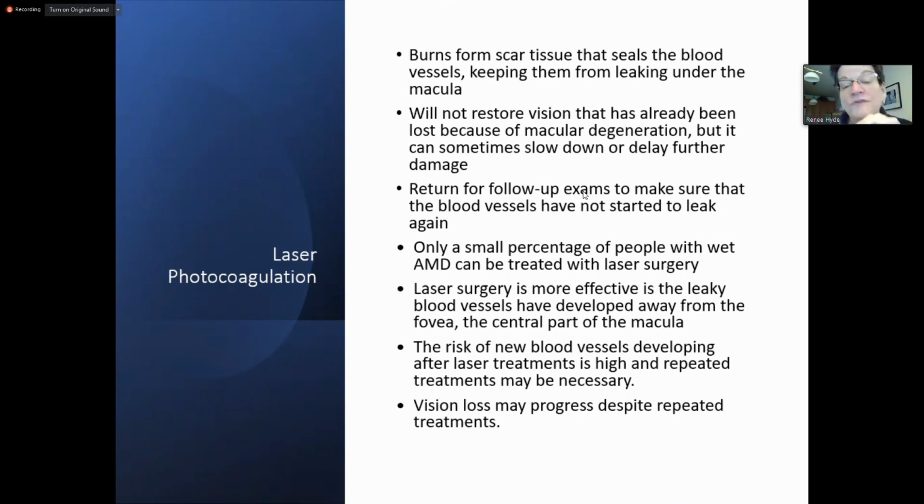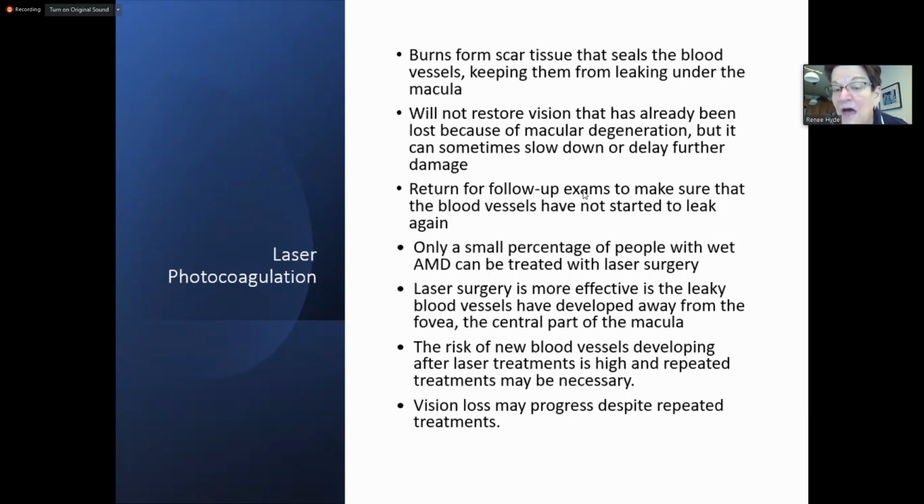They do have to follow up exams to make sure that those vessels haven't started leaking again. Only a very small percentage can be treated with this type of surgery. It's best if those vessels have developed away from the fovea, which is the central part of that macula.